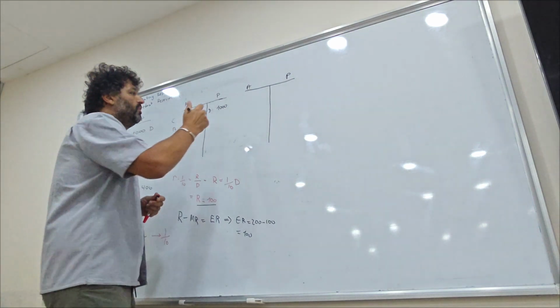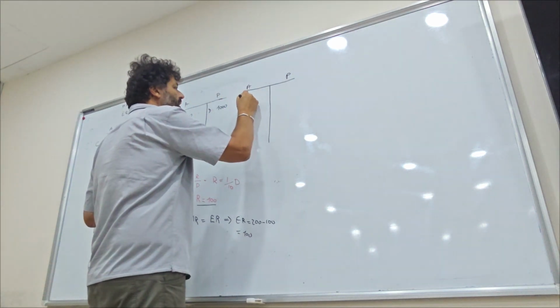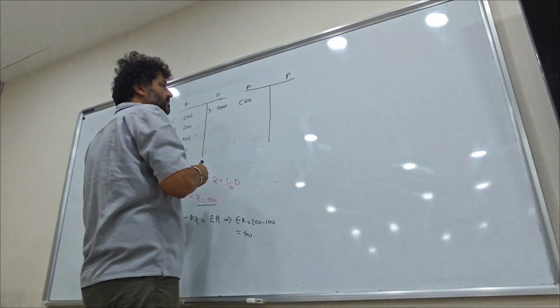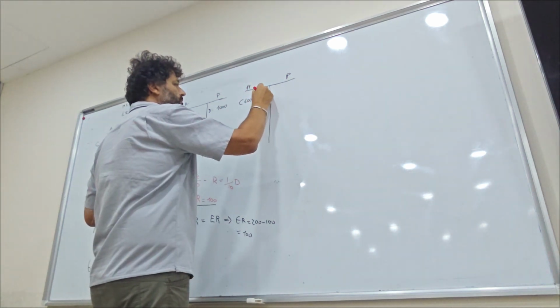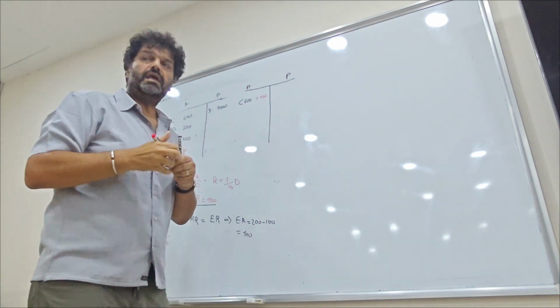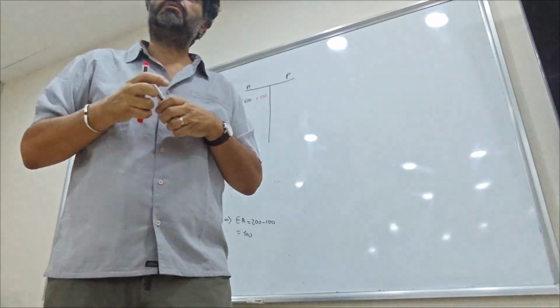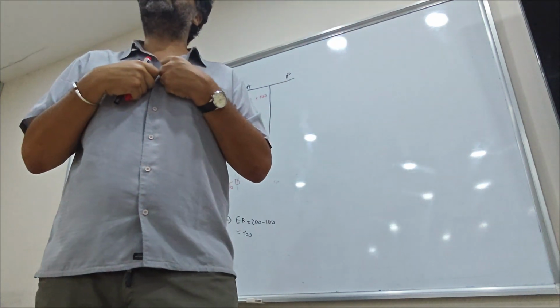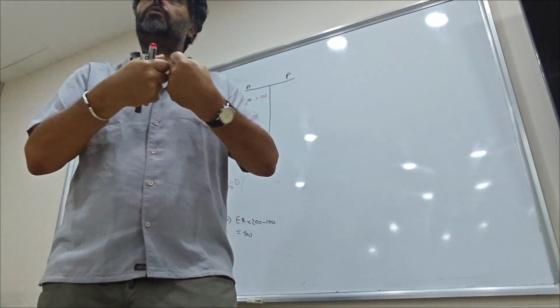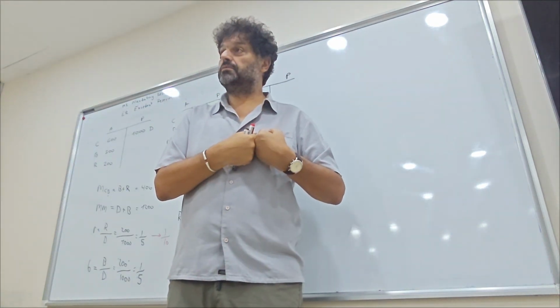So the new credits will be 100. Imagine a commercial bank makes you a credit. What do you do with this credit? You put it in your bank account.